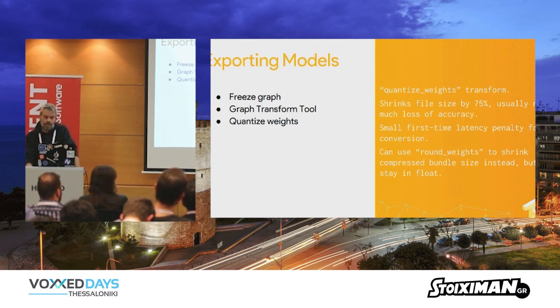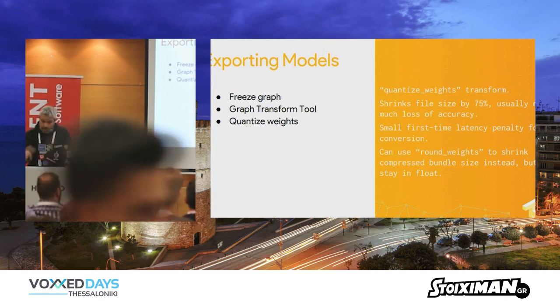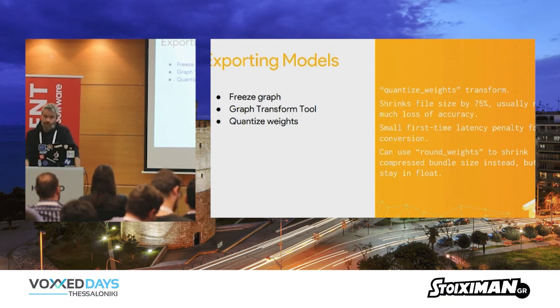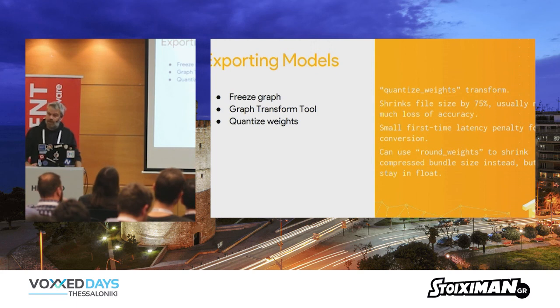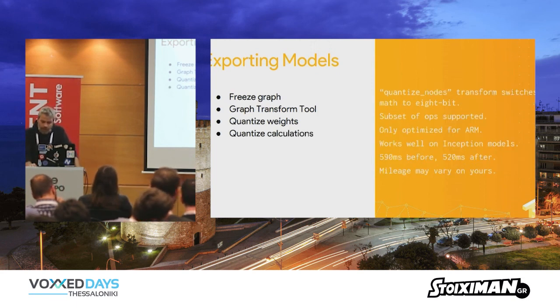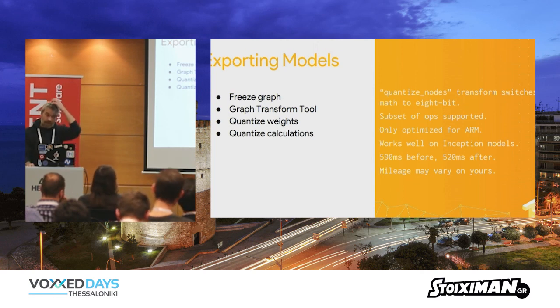On TensorFlow, node weights are 32 bit, and with quantized weights you cut it down to 8 bit per node, which is quite a big decrease in size. And if you want to get a little bit more sexy, there's a still experimental feature, quantized nodes, which does calculation in 8 bit.